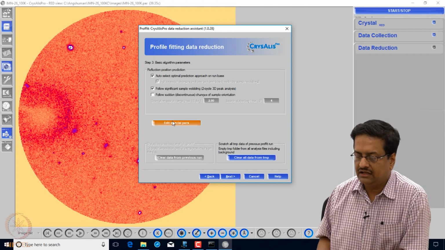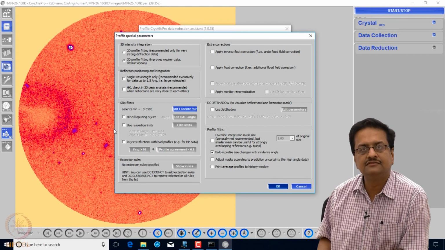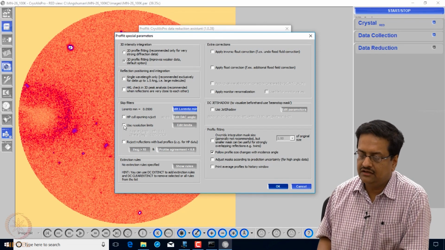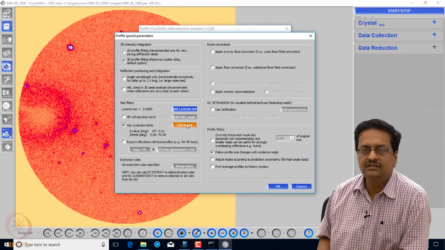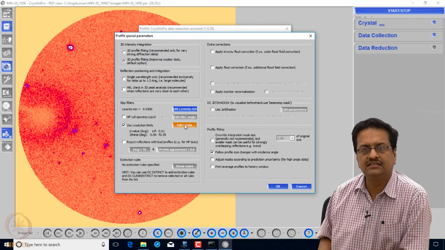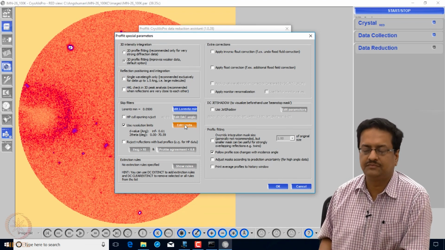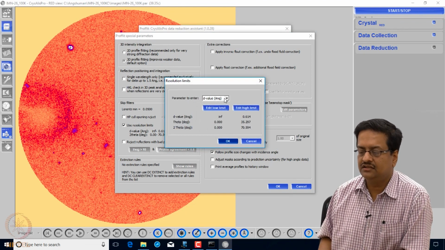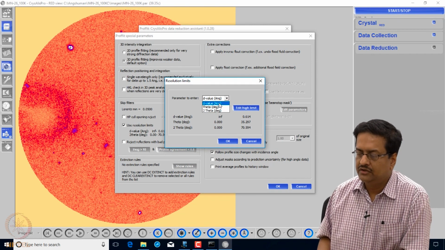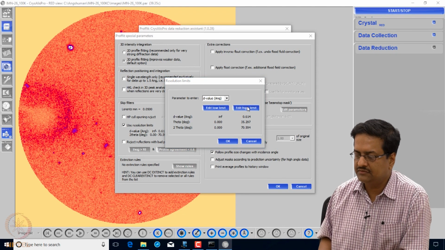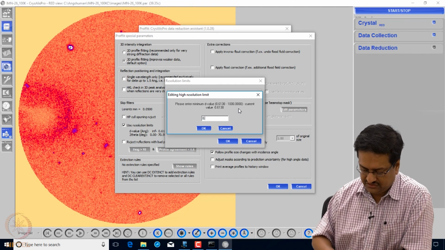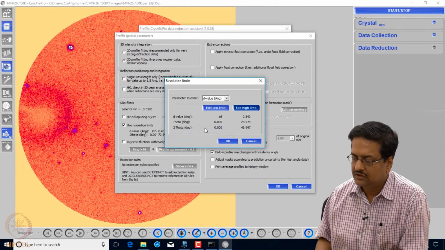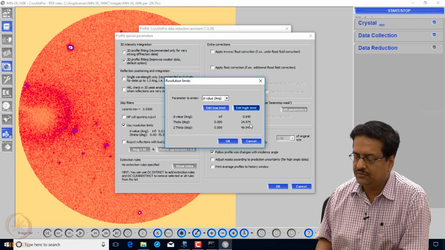So now one can edit some special parameters, and then we can restrict the resolution limits for this data. Since this is routine structural data and we do not want anything special, we can change the resolution limit and make the maximum D value 0.84, which corresponds to 2 theta about 50 degree.